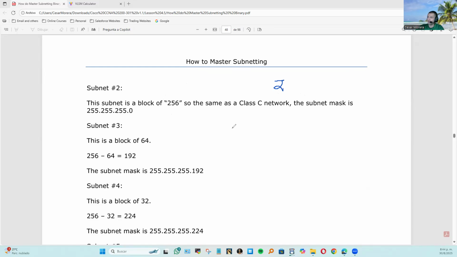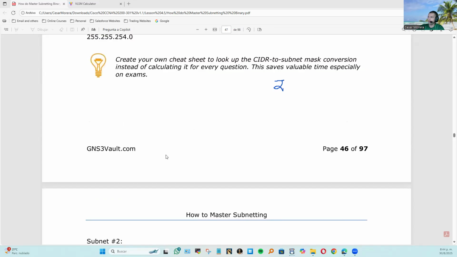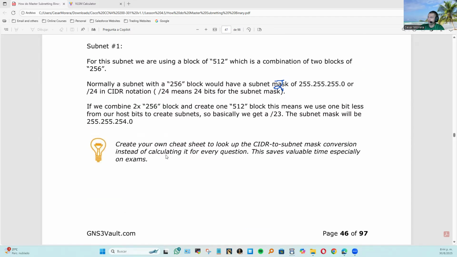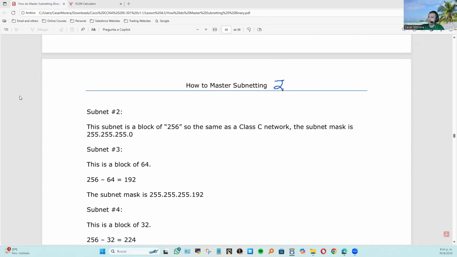Do you guys see the pattern here? Let's take a look at that. The mask that we get here is slash 24, and it's 255.255.255.0. So that is when we have all ones.